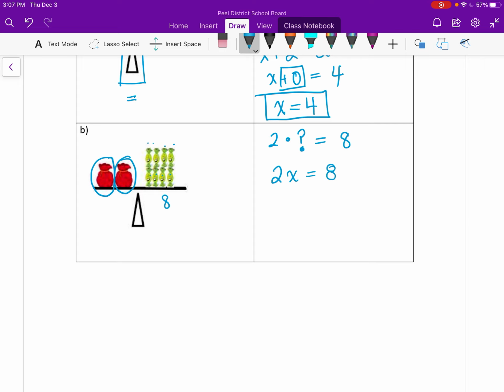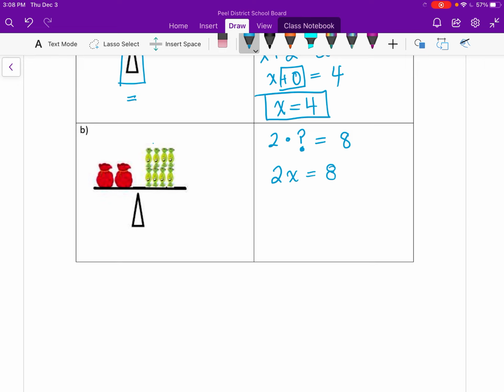Now, if I wanted to know how many candies were in that bag, I know that I need to distribute these candies evenly. So I'm going to put 1 in here, 1 in here, 1 in here, 1 in here, 1 in here, 1 in here, 1 in here, 1 in here, right? Or another way of looking at this is very simply as I have 8 candies and I have 2 bags.